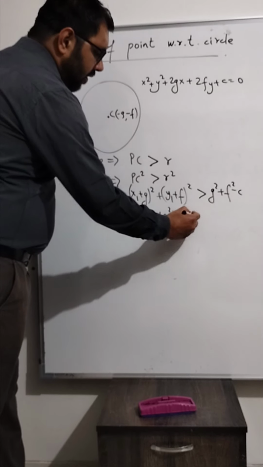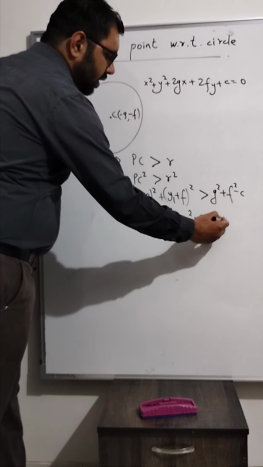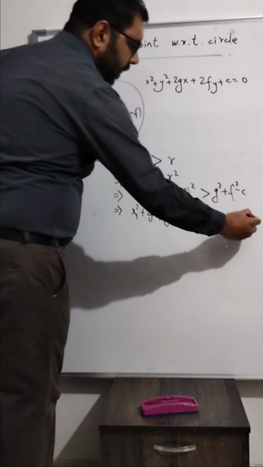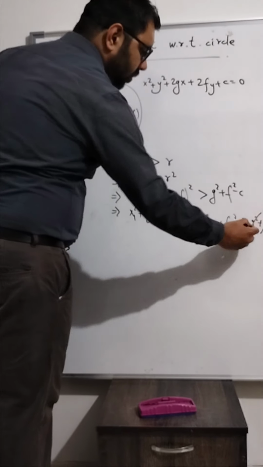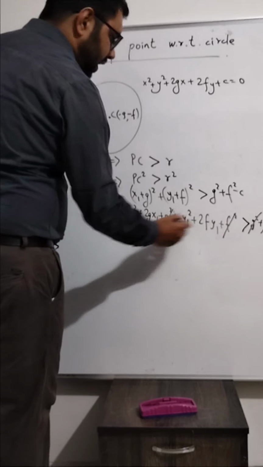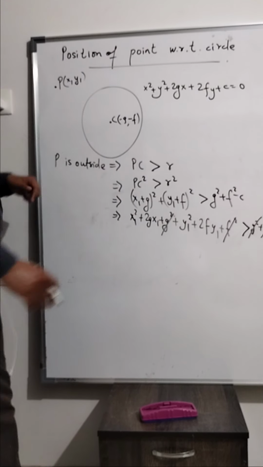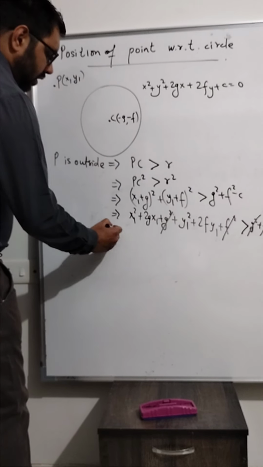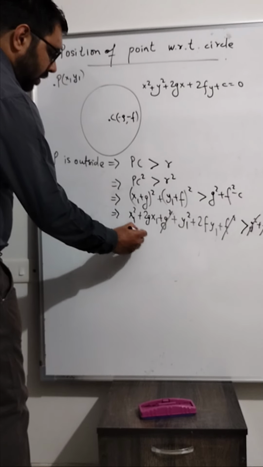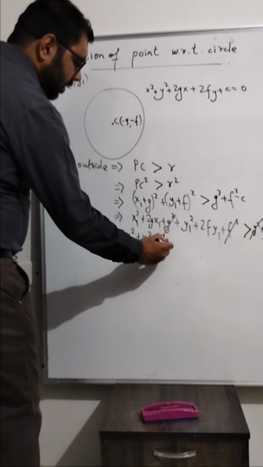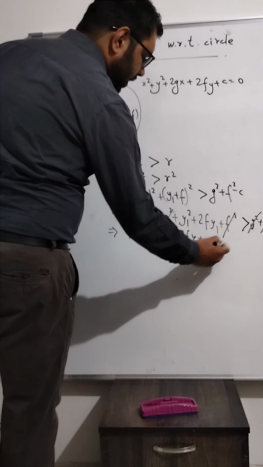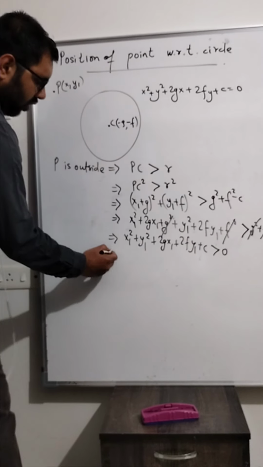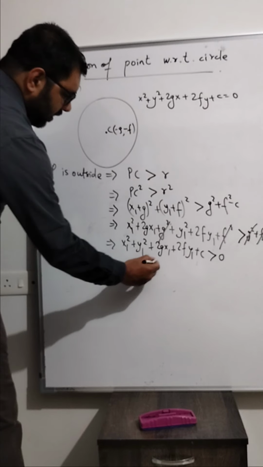Here it will be y1 square plus 2f y1 plus f square is greater than g square plus f square minus c. G square and f square will be cancelled from both the sides, and the term c will come to the left hand side and become positive. So this will become x1 square plus y1 square plus 2g x1 plus 2f y1 plus c is greater than 0, which in short I can write as S1 is greater than 0.